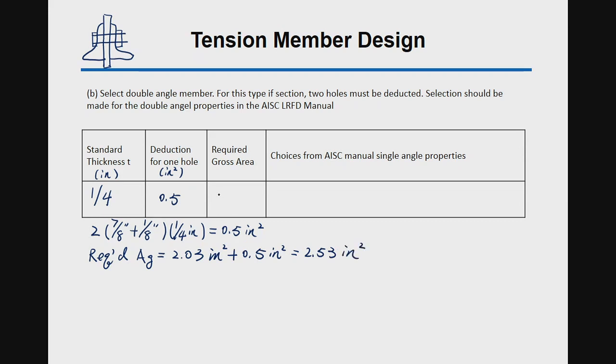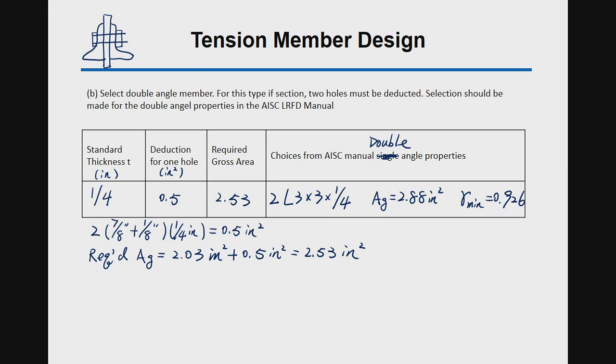So the required is 2.53, and then we can choose a member from the menu for double angle. Okay, so we can see that 2L 3 by 3 by 1/4 inch would qualify. Cross section is 2.88 square inches, and rmin is 0.926. So it should be okay for that.